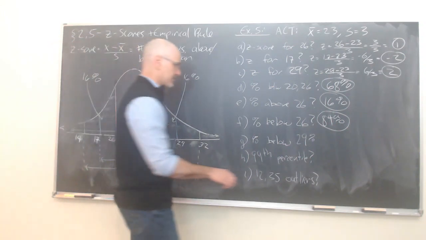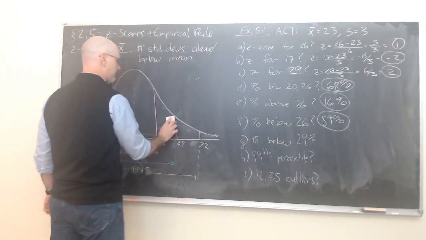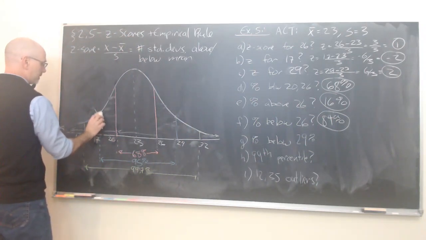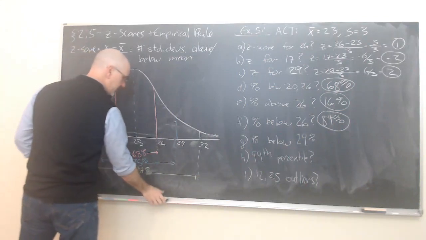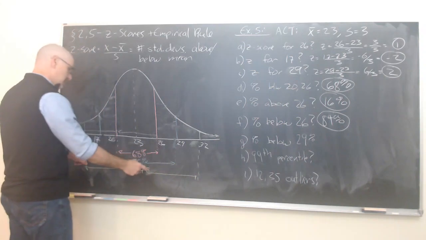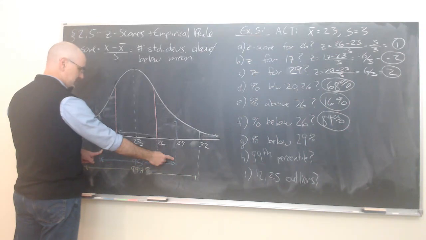All right, what about the percent below 29? Well, that 29 is one of our special points, 2 standard deviations above the mean. 95% of our data lies between 17 and 29, right?